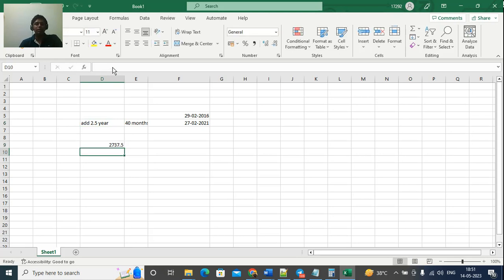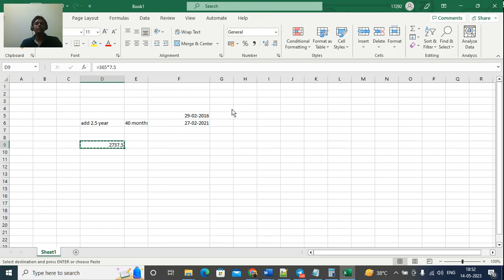Okay. So we are getting 2737.5. We will reduce a few days, because in 8 years 2 leap years will come. So we will reduce 2 days. Okay. So rather than 2737.5, we will take it as 2735.5.